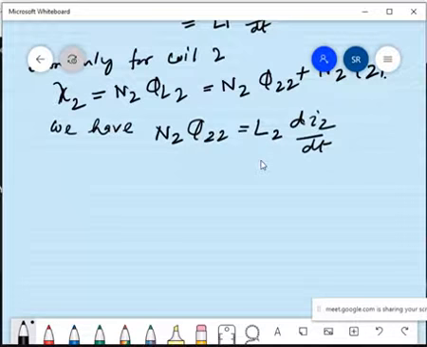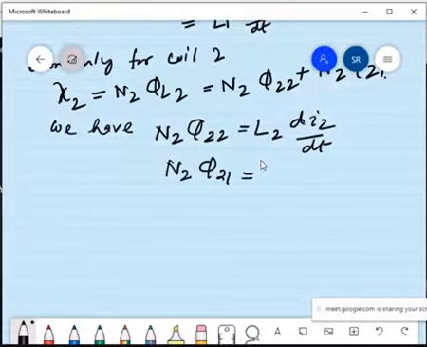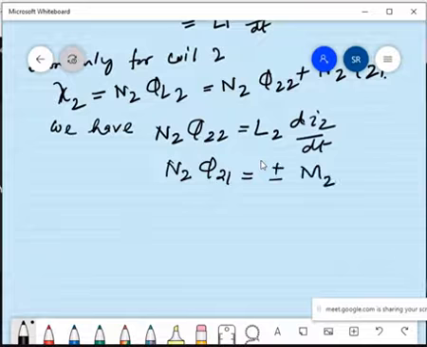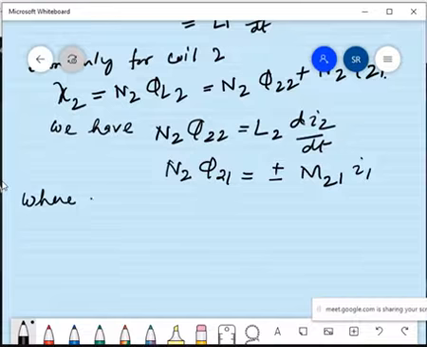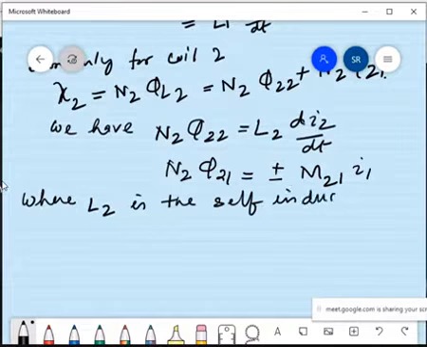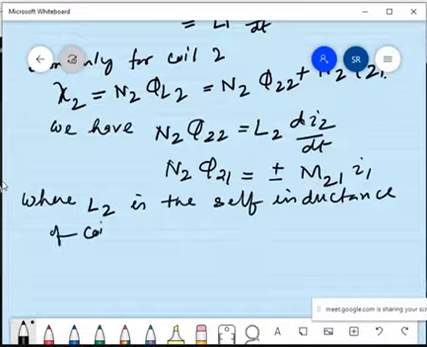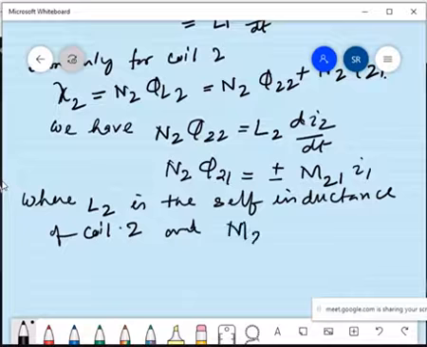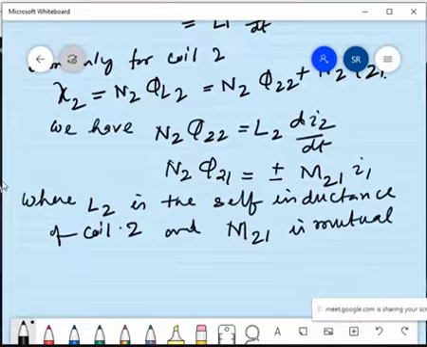Any idea? N2 phi 21 is equal to plus or minus M21 I1, the mutual inductance, where L2 is the self-inductance of coil 2 and M21 is the mutual inductance.